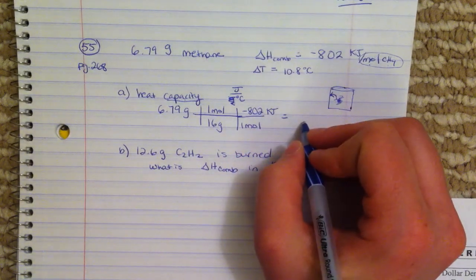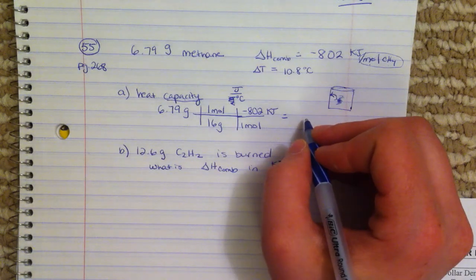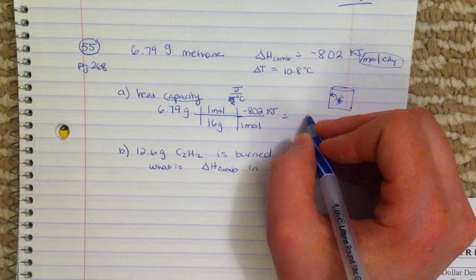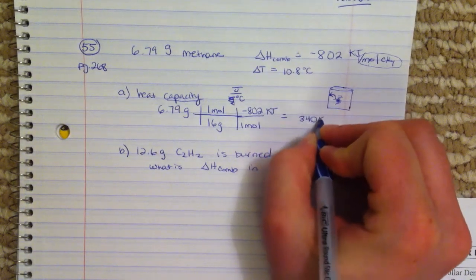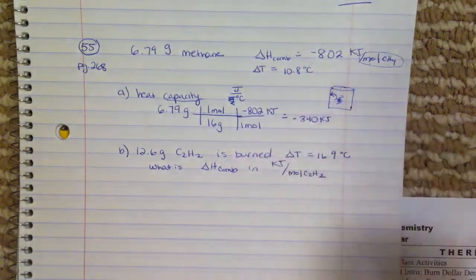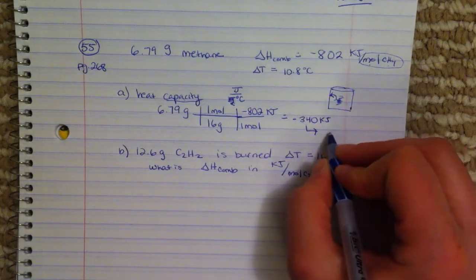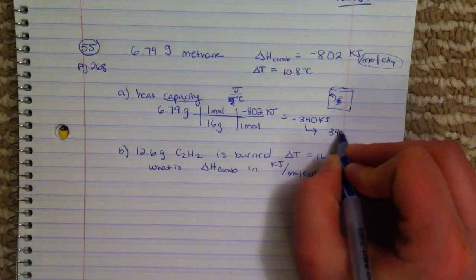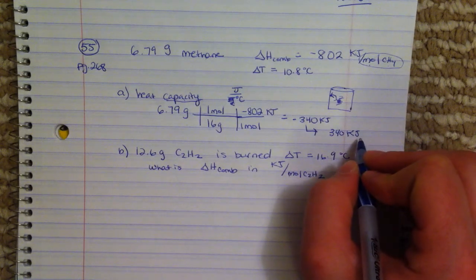So when you do this, you're going to find, for number 55, 340 kilojoules. Now it's negative because it's given off by the reaction, but we want it to be 340 kilojoules positive, absorbed by the calorimeter.